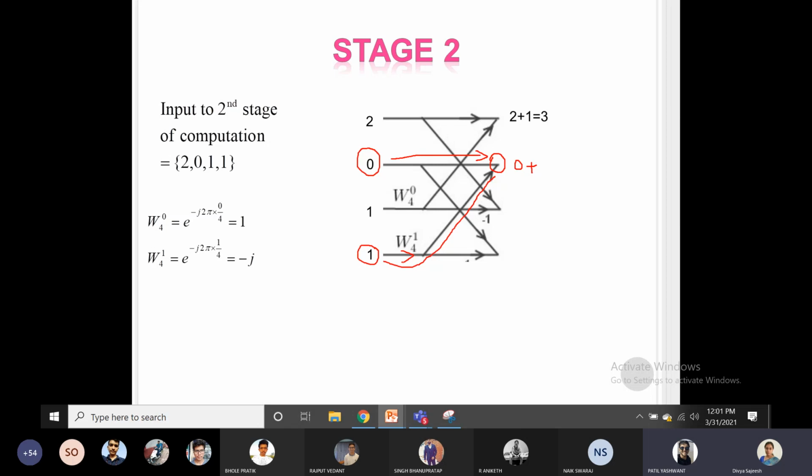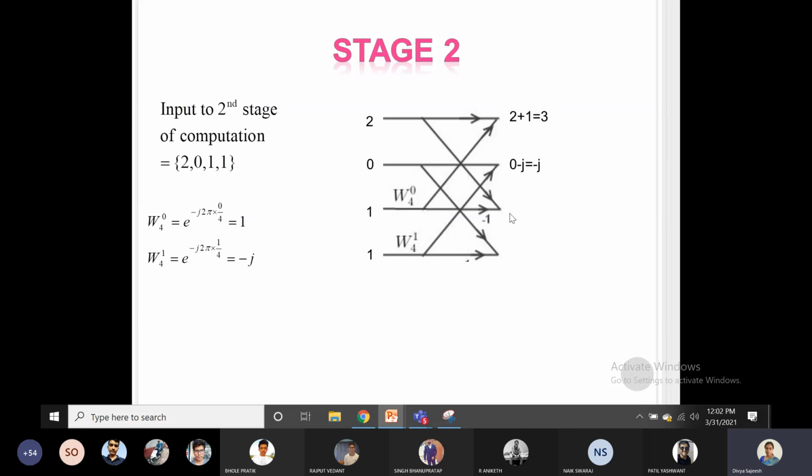What is W4 raised to 1, which we calculated and kept? Minus j. So 1 into minus j, so minus j will come here. Nothing else is mentioned here. So it will be 0 minus j. So your second output is minus j.